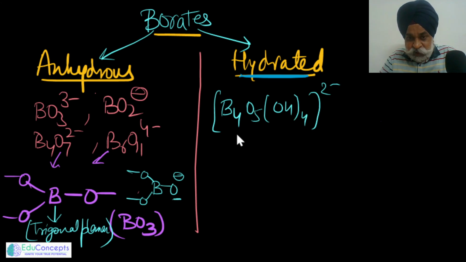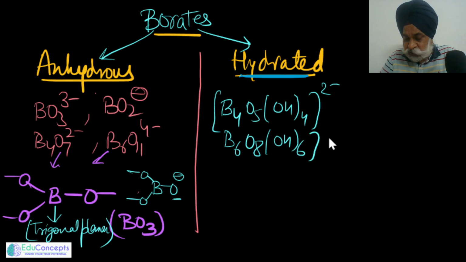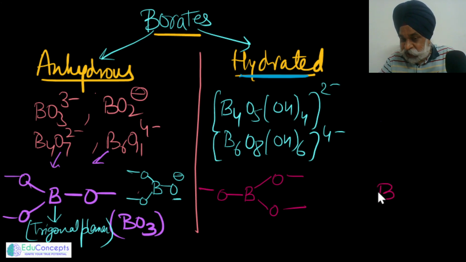Or B6O7(OH)6, this is that of kernite. In these, what you are able to see here, an MCQ question can be asked in regard to this. Here the boron units would either be in the form of trigonal planar, or must also have a tetrahedral unit.